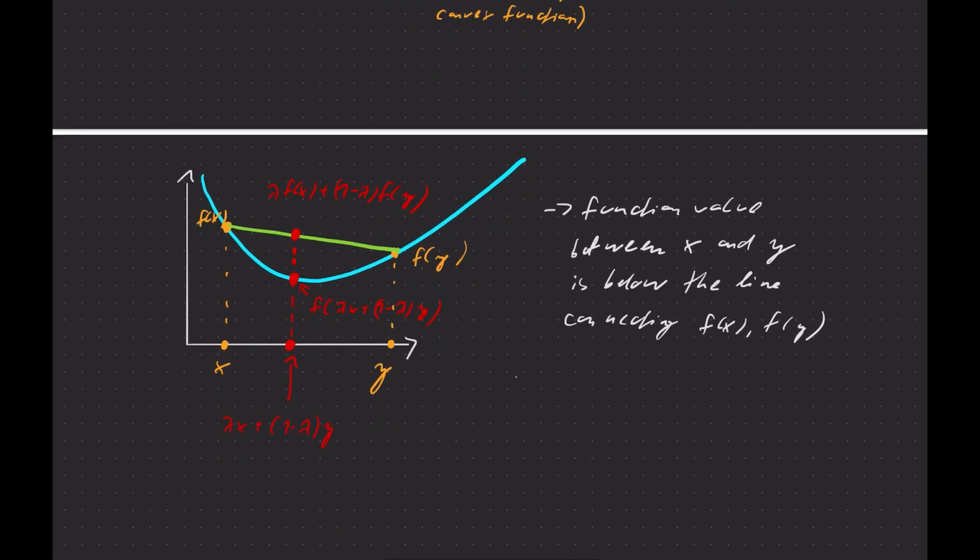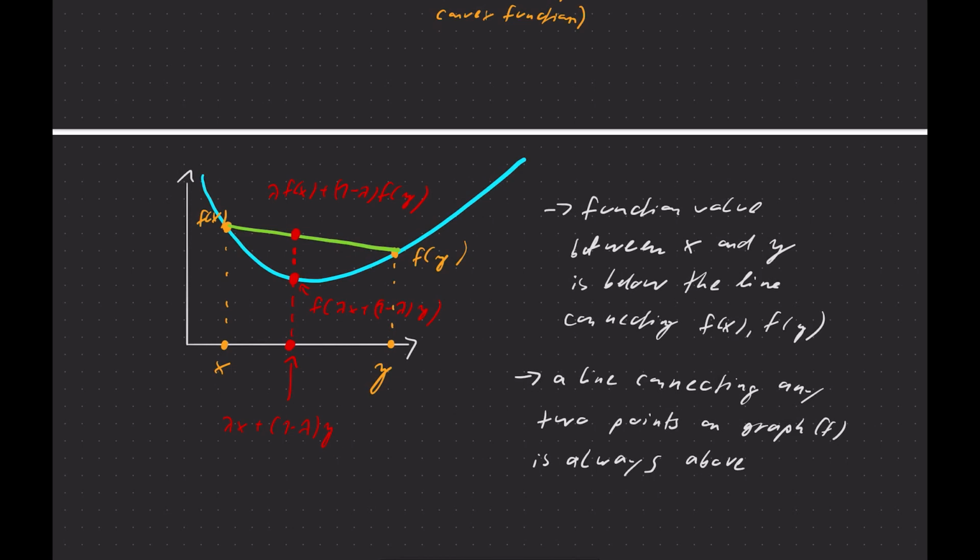Or in other words, on the graph, the line connecting any 2 points on the graph of f is always above the graph.